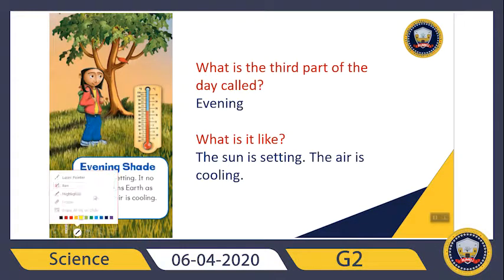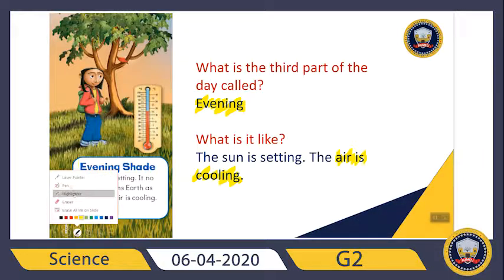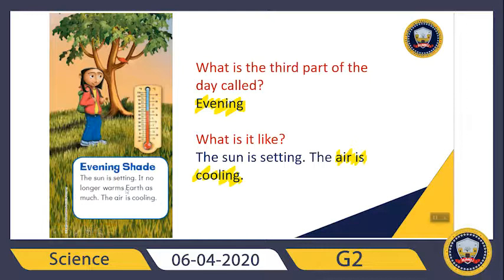So in the evening, the third one, the air is cooling and the sun is setting. This one is the third part of the day. Let's see the next one.